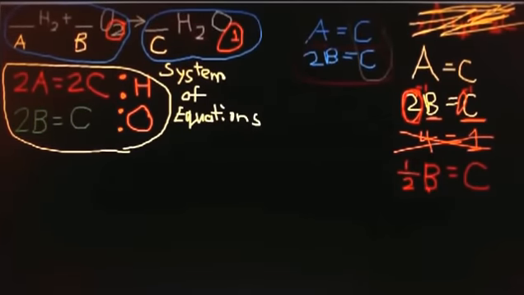So how do we get this to an equation that's written in only whole numbers? Well, if we have 1/2 of something, then to get it to a whole number, we need to multiply it by 2. So we multiply both sides by 2, and these 2's cancel out, and we're left with b equals 2c.